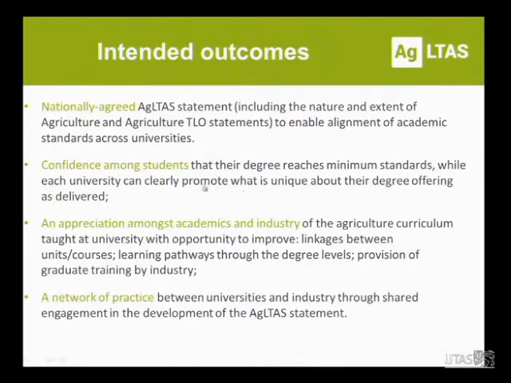Because we've met and talked about this, it can potentially give students confidence about what the minimum standards are for their degree. But at the same time, just to emphasise, we're not taking a cookie-cutter approach to course learning outcomes. It will always be suited towards whatever niche the particular university is looking at.